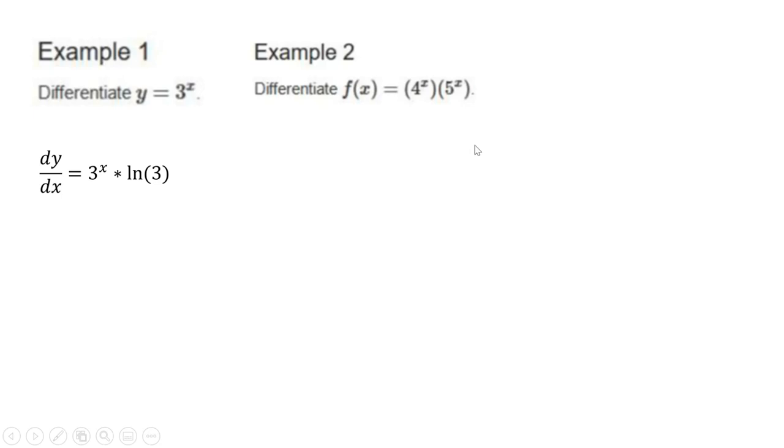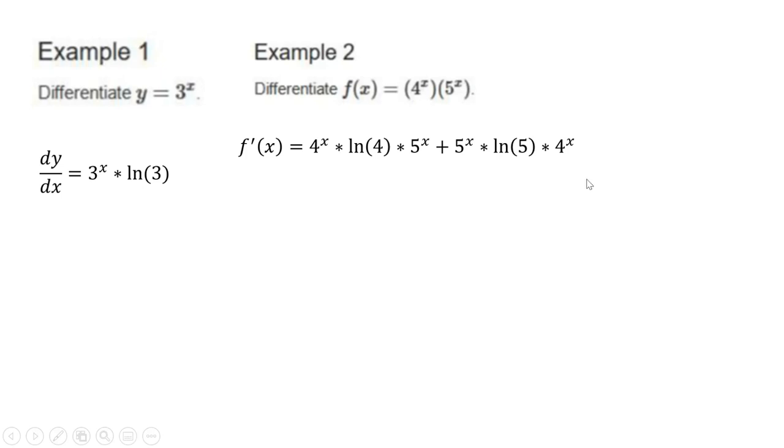Using the product law, I'd have the first one derived, which would be 4 to the x times the natural log of 4, because that's what we do for the derivative, times the underived second part, that's the 5 to the power of x, plus, using the product law, the same procedure again, the 5 to the x times the ln of 5 times the underived first part.